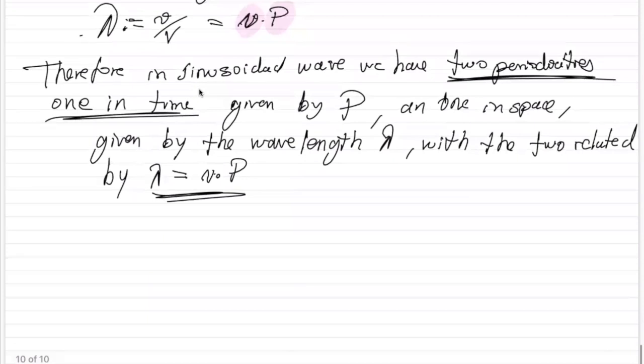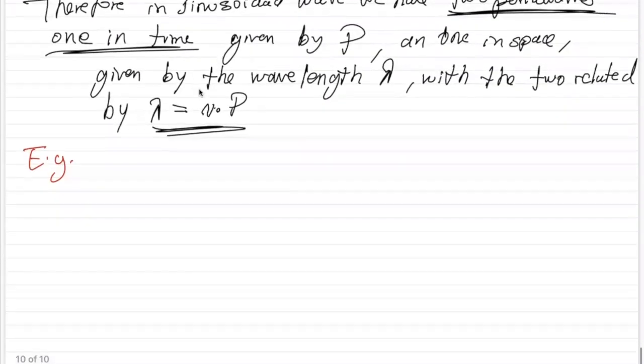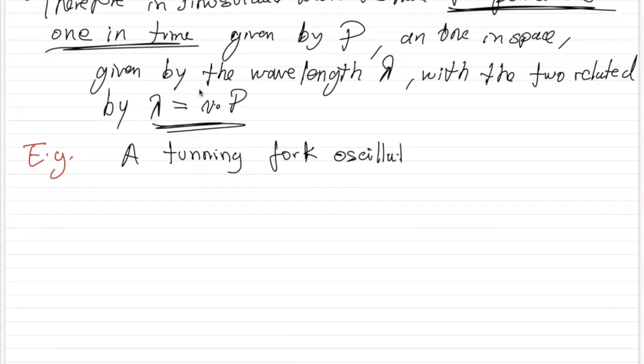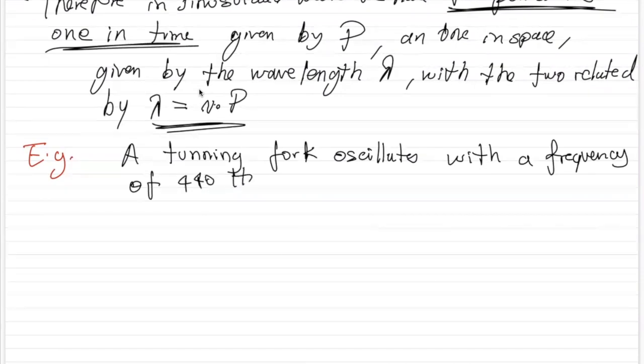So finally, an example. A tuning fork oscillates with a frequency of 440 hertz.